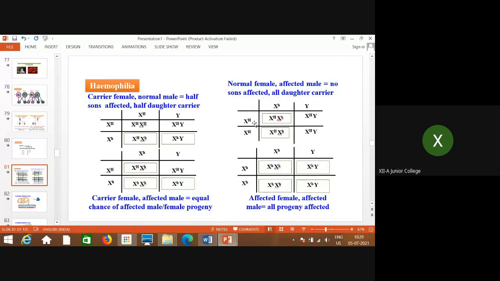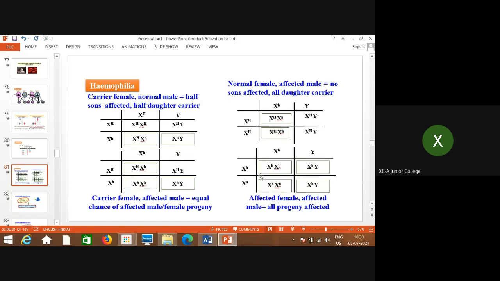Here also, how it is shown in the form of a pedigree chart, or you can say Punnett square. Here the male is a sufferer and the female is normal. Here in this case the female is a sufferer. That means both the genes are in the recessive condition. So this female is a sufferer and the male is also a sufferer.